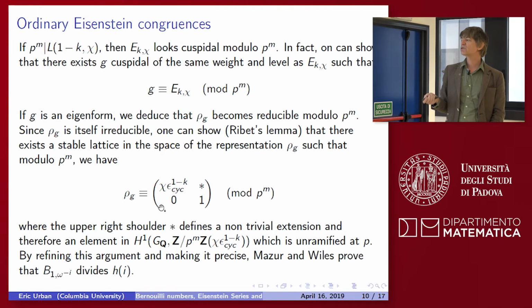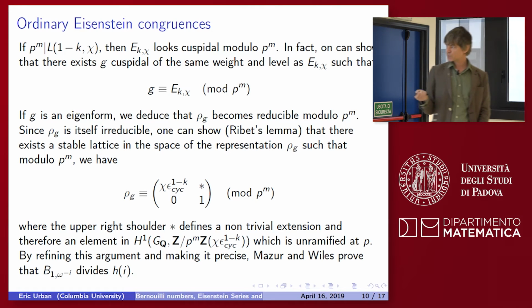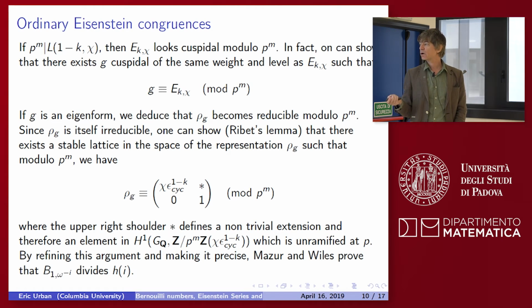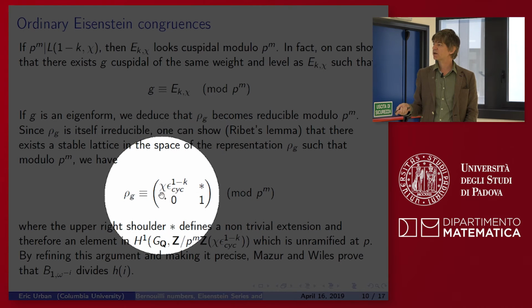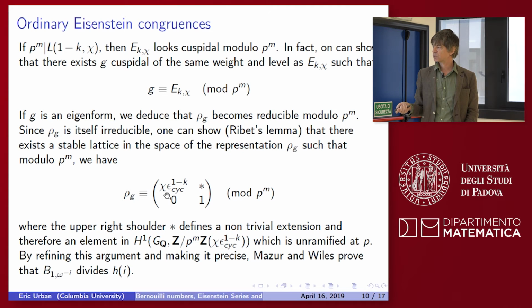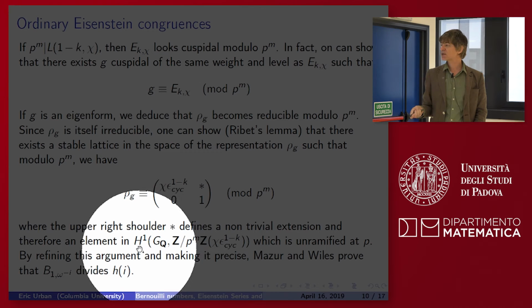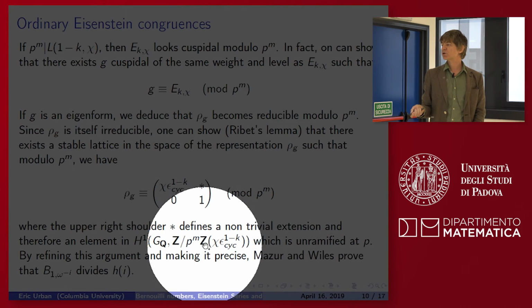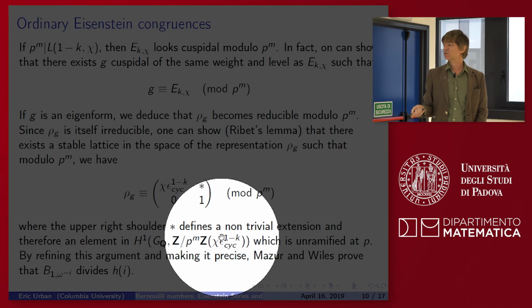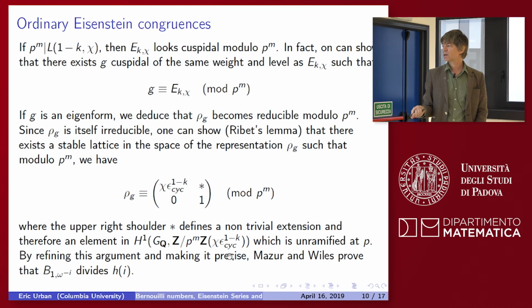So saying that this star is non-trivial means exactly that you have constructed an extension of Galois representations of the trivial character by this character here, chi epsilon to the 1 minus k. And extensions are classified by group cohomology. And here this gives you a class in the group cohomology with coefficients in Z mod p^m Z, with action given by this character.